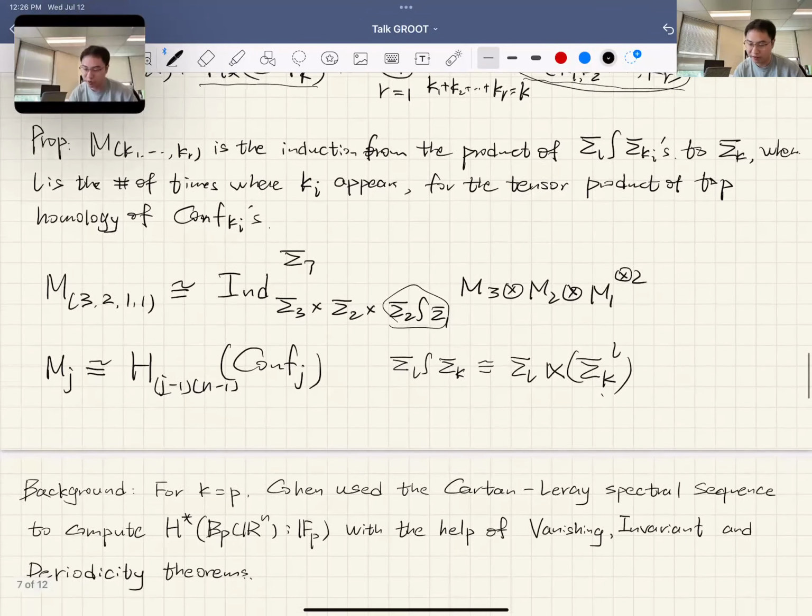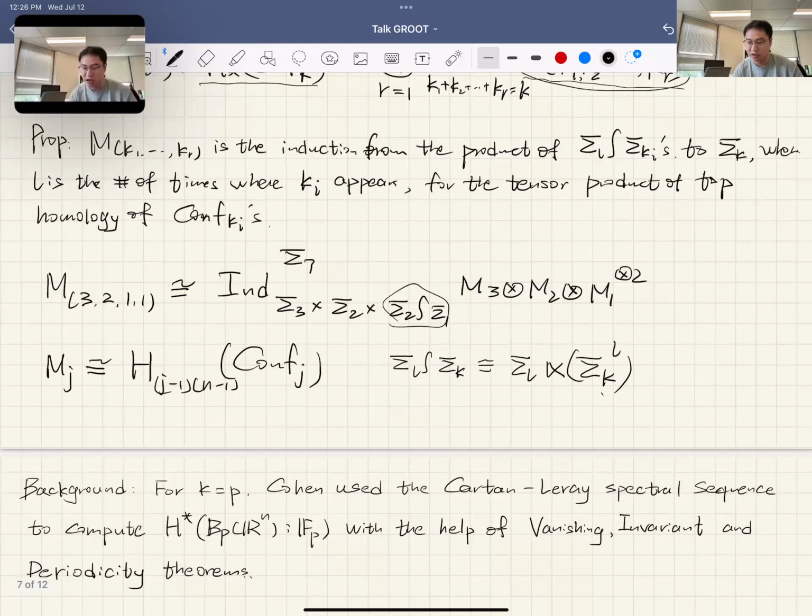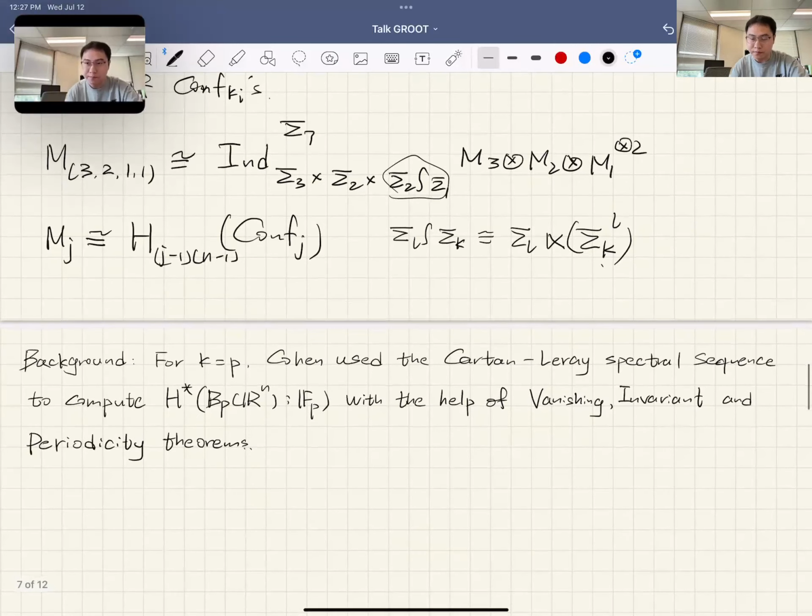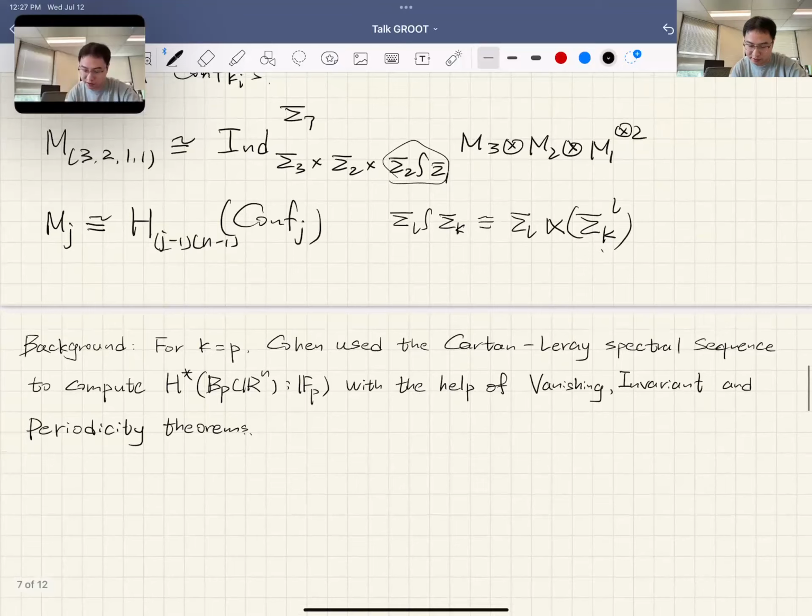So not only do we have a sigma k action on the configuration space of k points, we also have a sigma l action to permute those l blocks among themselves. So we have 2 actions going on here.